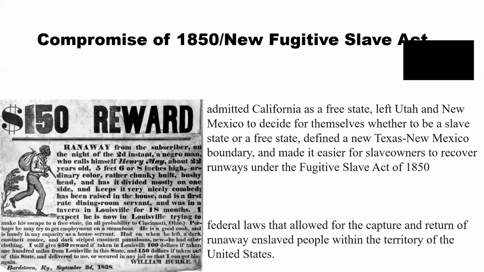Let's say, for example, a slave ran from the South to the North, and slave owners went to the North to recapture their slaves. Northerners had to help them, under the influence of law. This angered a lot of Northerners, as before this act, they often had the mindset of, well, slavery is evil, but we're not actively participating in it, so I guess it's okay.